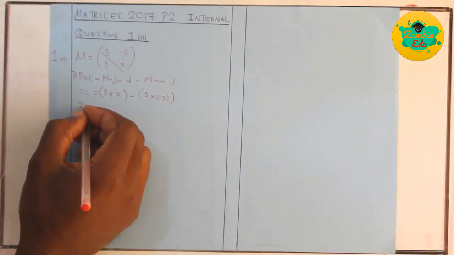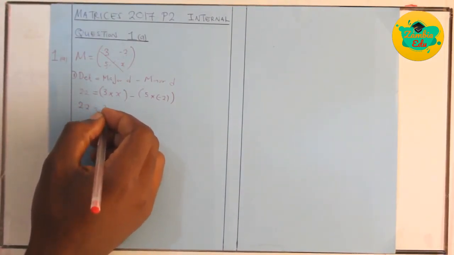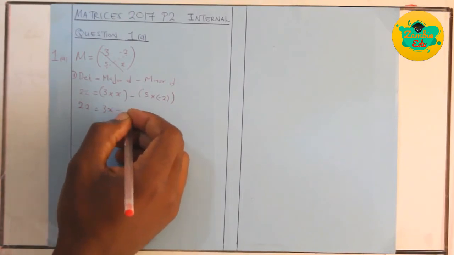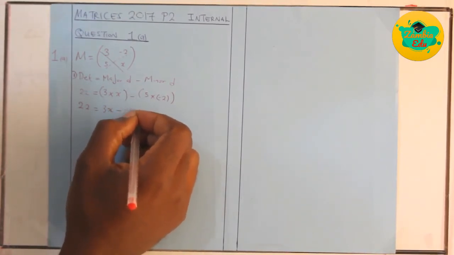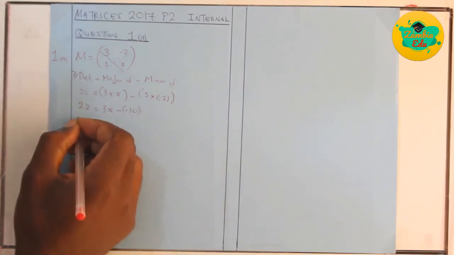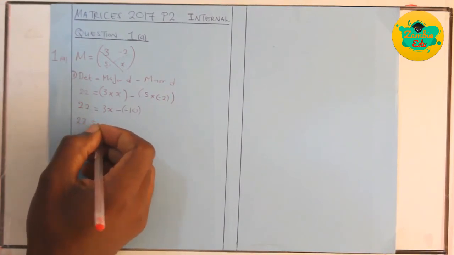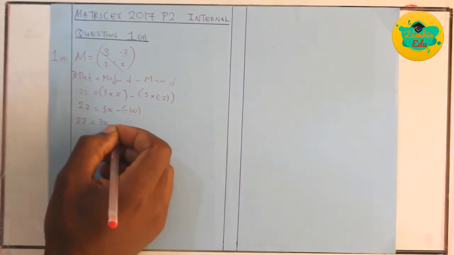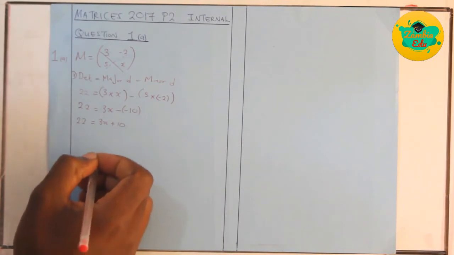So there your 22 is maintained, equal to 3x minus negative 10. So 22 is equal to 3x plus 10.